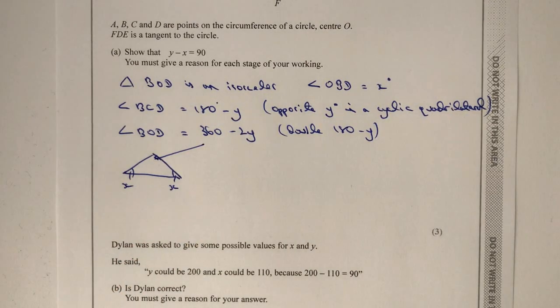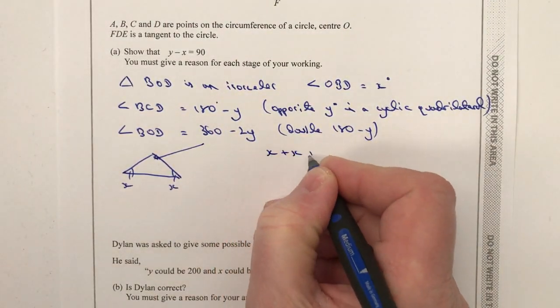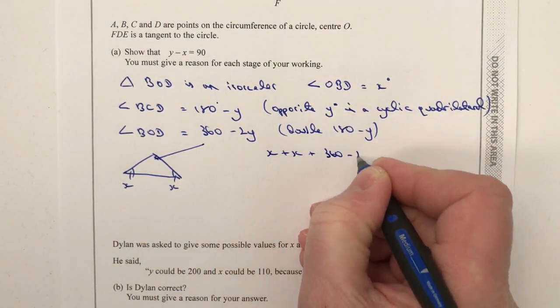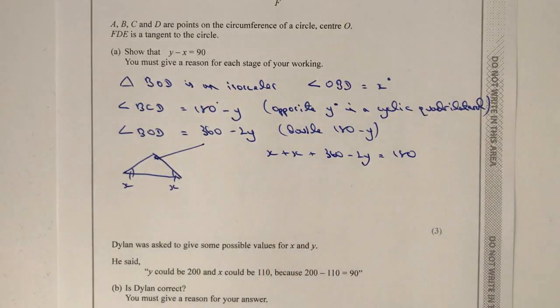Right, so now we're in a position where we can use this information to prove that y minus x equals 90 degrees. What we're saying is that all of these three angles add up to 180 degrees, so we can write x plus x plus 360 minus 2y equals 180 degrees, and that's true, isn't it? Because that's the sum of all the angles in a triangle.